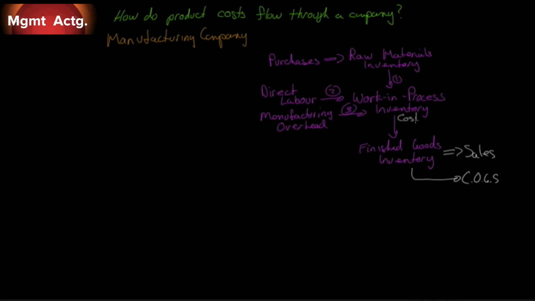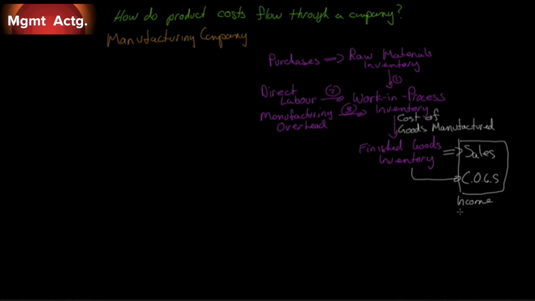Now, when we send something from work in process to finished goods inventory, that is called cost of goods manufactured. Do not confuse cost of goods sold with cost of goods manufactured. Cost of goods manufactured flows out of work in process into finished goods. Cost of goods sold flows out of finished goods onto the income statement.